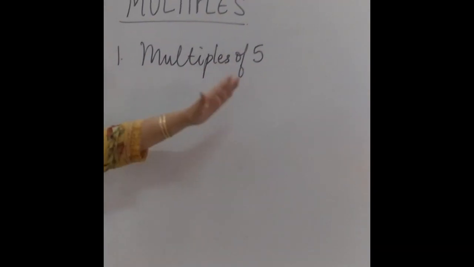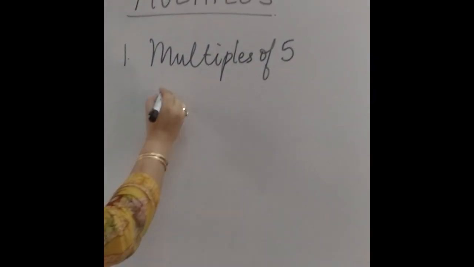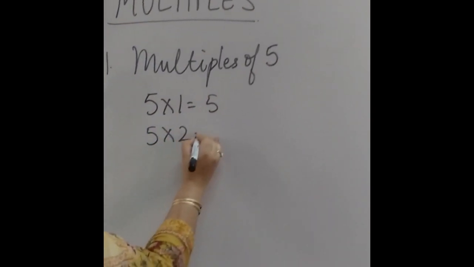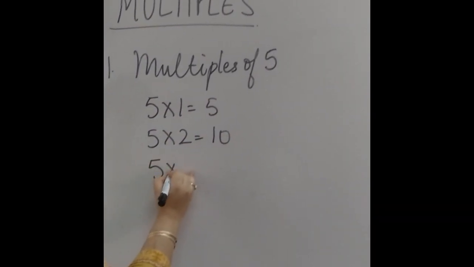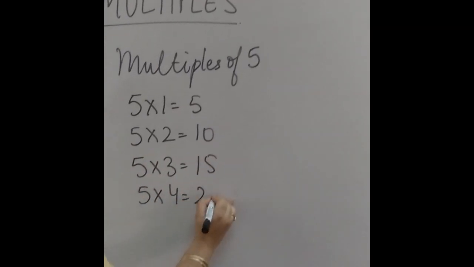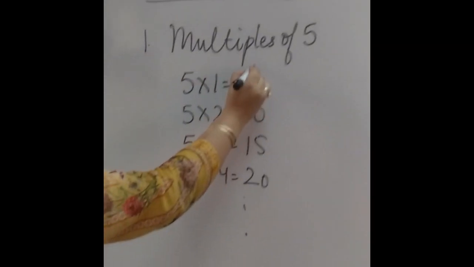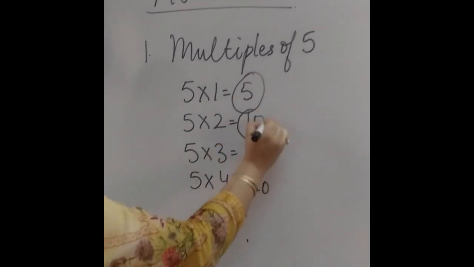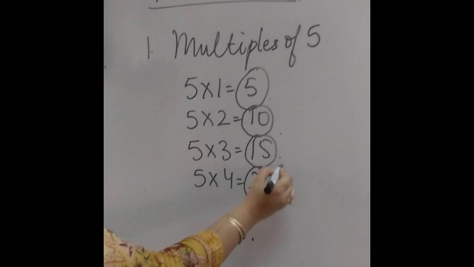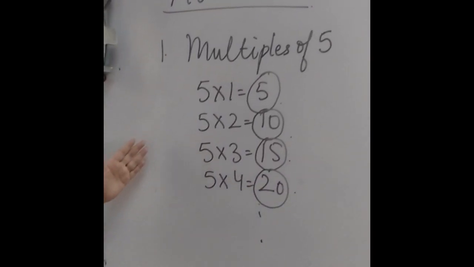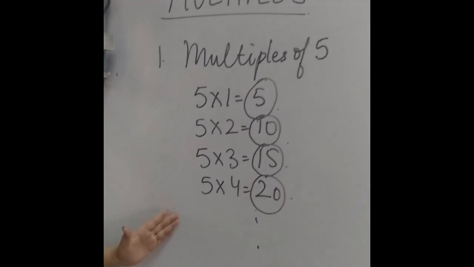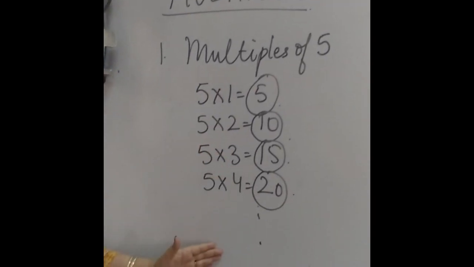If we start multiplying 5 with 1 onwards, like 5 ones are 5, 5 twos are 10, 5 threes are 15, 5 fours are 20 and so on. The numbers obtained by multiplying 5 with different numbers are called the multiples of 5. Or you can simply say the answers in the table of any number are the multiples of that particular number.